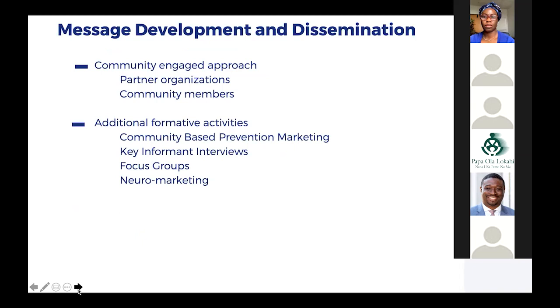Our approach to message development will be community focused and community engaged. We have already started to engage our community partners in conversations around our upcoming formative activities. These activities include community-based prevention marketing, which will be a strategy to build capacity among our partner organizations to engage in social marketing, key informant interviews with our partner organizations, focus groups with our community members, and neuromarketing that will be used to help test some of our message concepts.